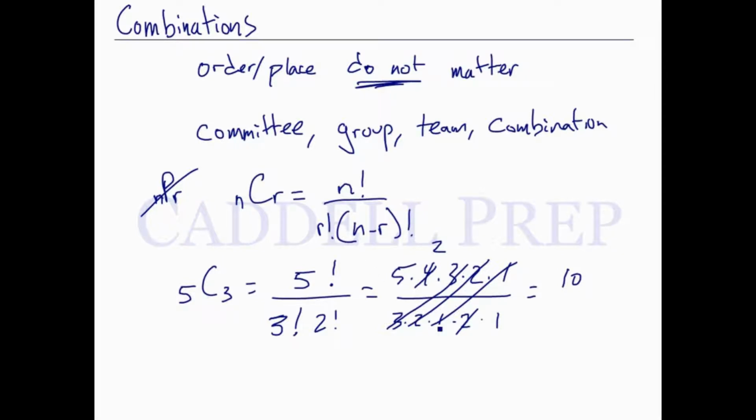So let's look at another example like this. Let's say we have 8C3. This is 8 factorial over 3 factorial times the difference of these two, 5 factorial.